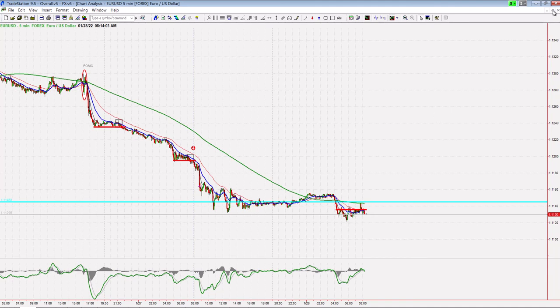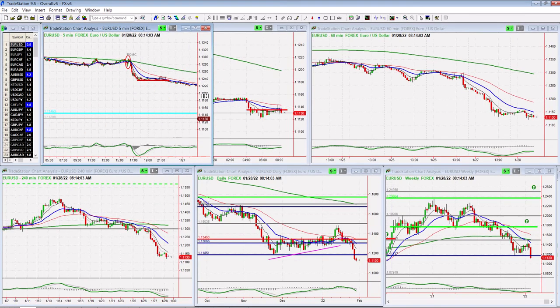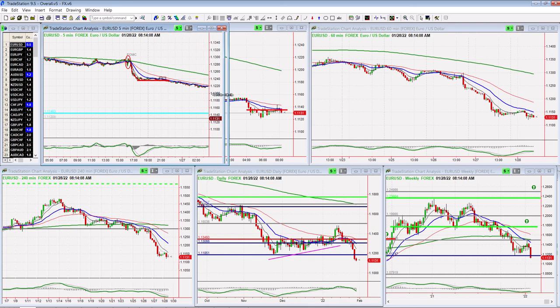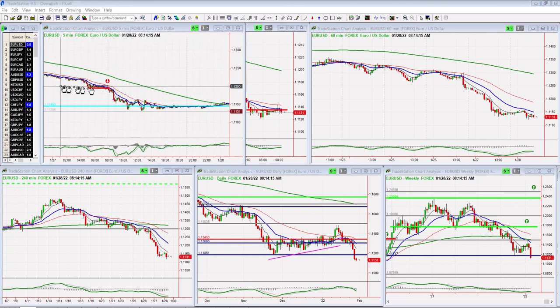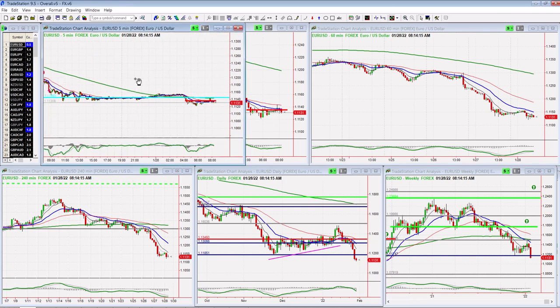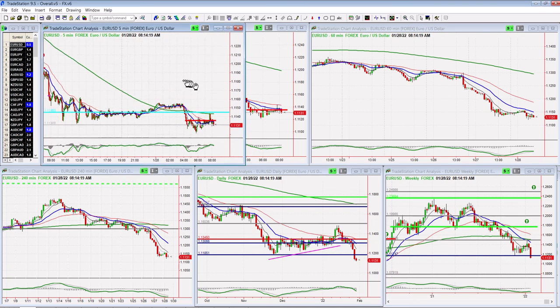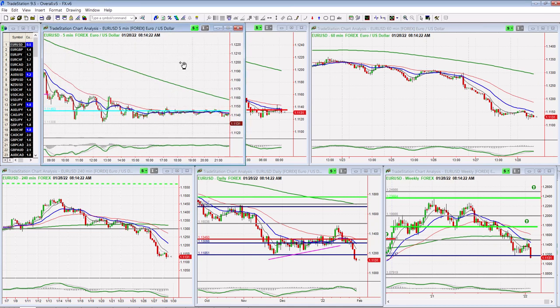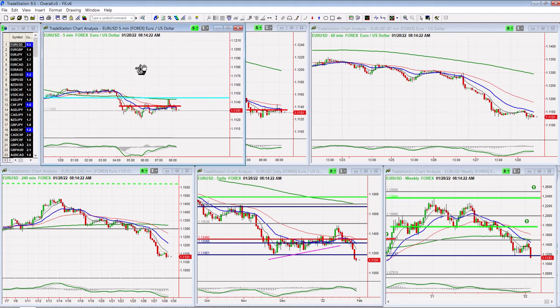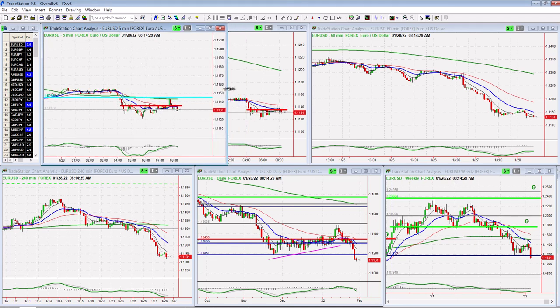Do I take this one? First of all, I've missed the entry, and secondly, it's a 5-minute trade. It's a 5-minute, nicely testing the 21.